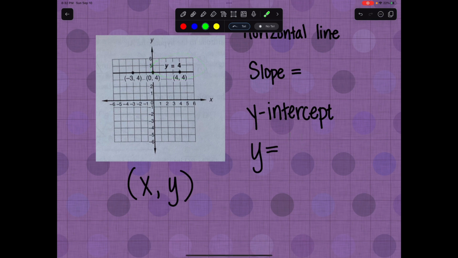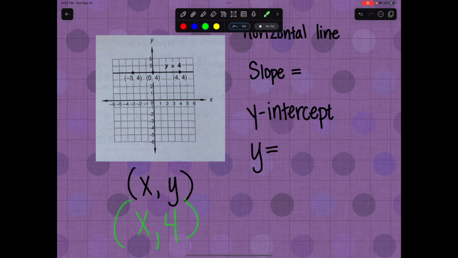Let's see why that makes sense. Remember, for every point on the line, you have an x and you have a y, and it's written like this. When you have a horizontal line, it doesn't matter what the x is. It could be 0, it could be 1, it could be -1, it could be anything. It's going to be some x, and the y is always going to be 4 for this particular line.